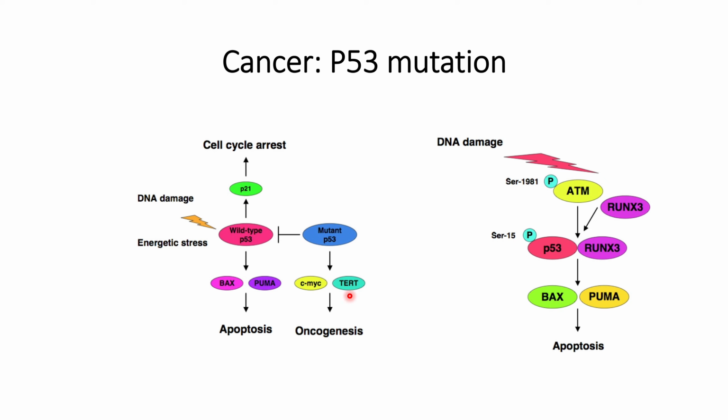So in this case, when P53 mutant absorbs any kind of stress, it will lead to overexpression of these genes CMYC and TERT, that changes the characteristic of the cell in such a way that it will get resistance towards drugs.